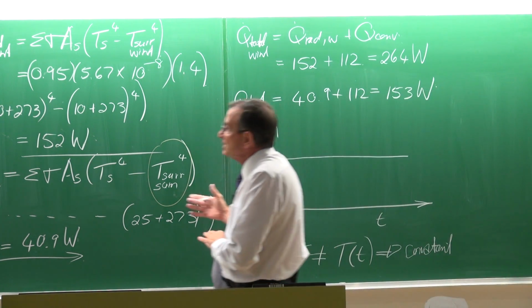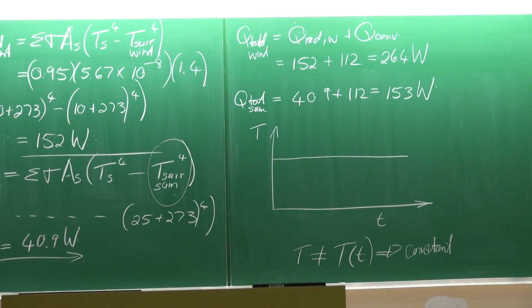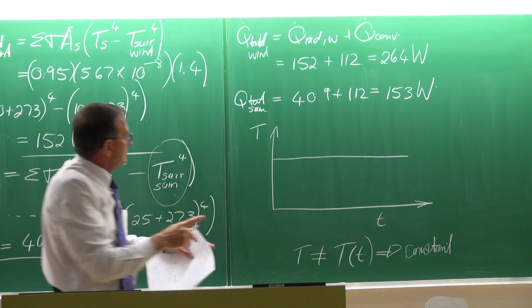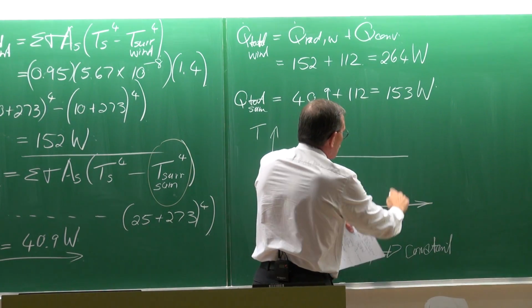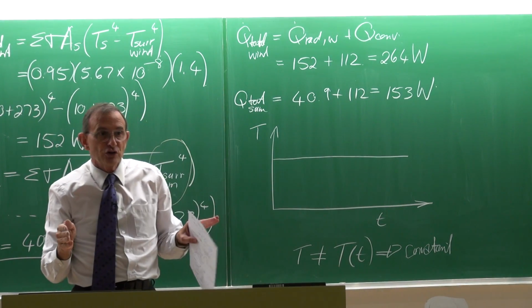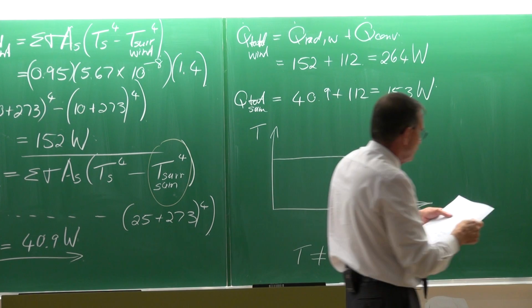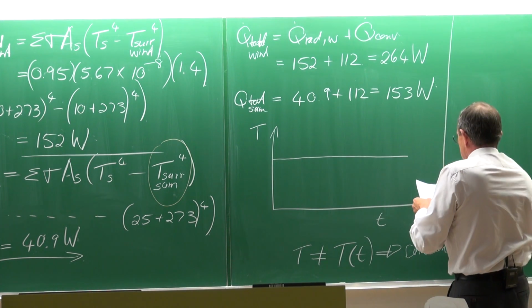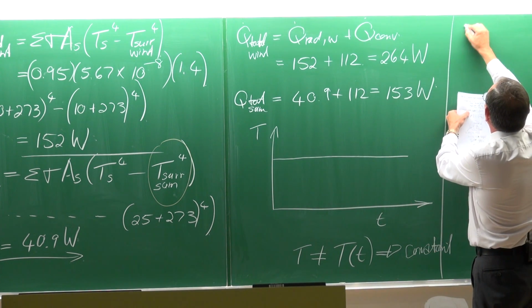A possible change in the temperature might be you changing this temperature. You maybe do not want 22, you want 15, or you would like to increase it to 30. Then the temperature is going to change as a function of time. And that is what chapter 4 is all about.